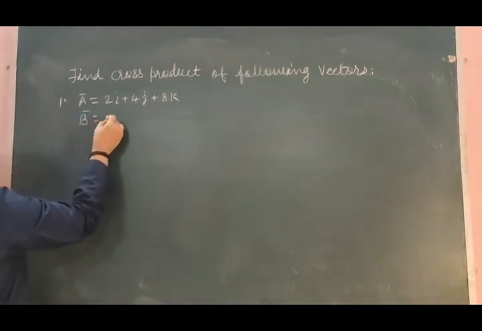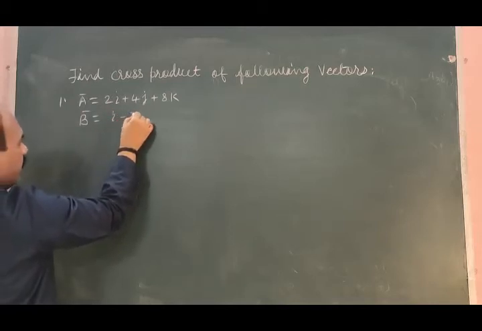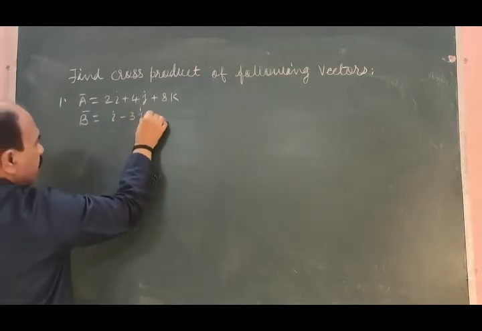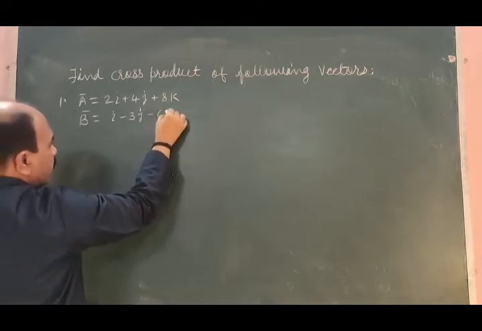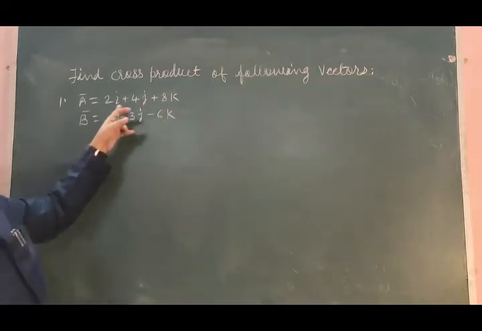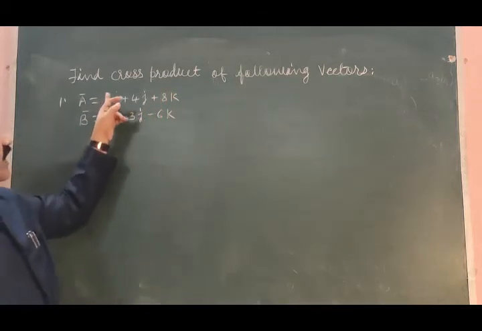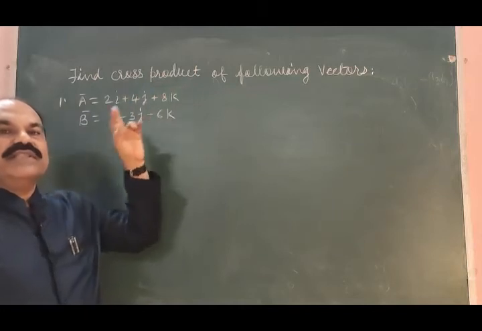Vector B is equal to i minus 3j minus 6k. Let us suppose this is vector A, this is vector B, and we are asked to find the cross product.